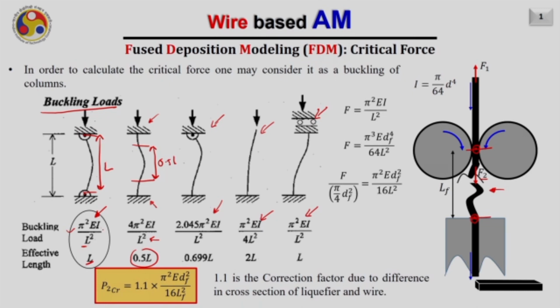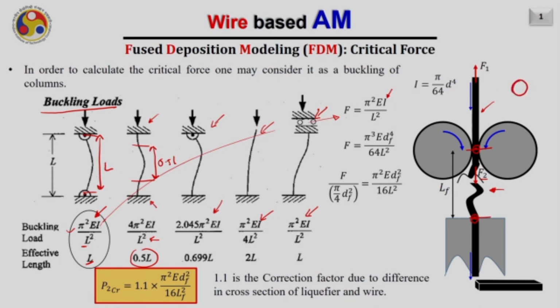Let me write this formula here again: F equals pi square EI by L square, where I is the second moment of inertia of the cross section of the wire which we are considering here. And of course we know that the cross section of the wire is nothing but a circle.